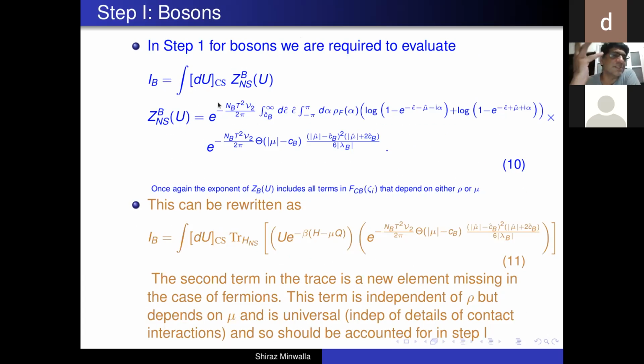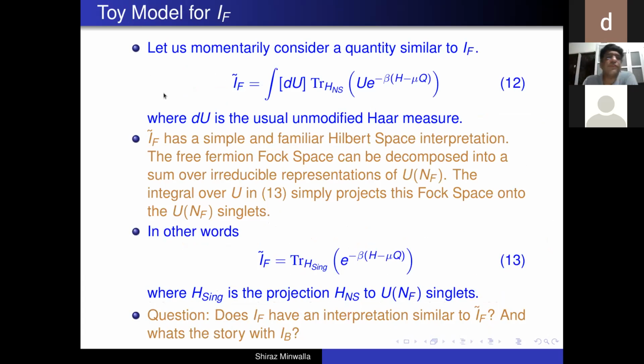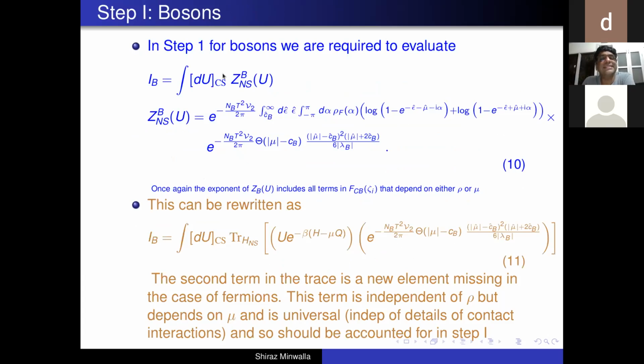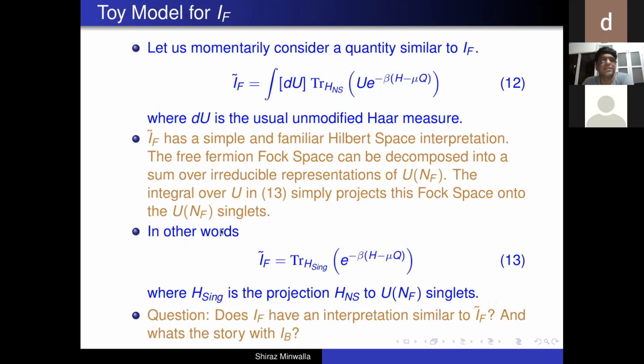It was a Chern-Simons modified integral over Haar measure because it would have bound the eigenvalue density functions. Suppose for a moment we allowed ourselves to replace this funny measure by the ordinary Haar measure. Then we would have got that for the fermions we need to calculate this quantity where du is the usual Haar measure.